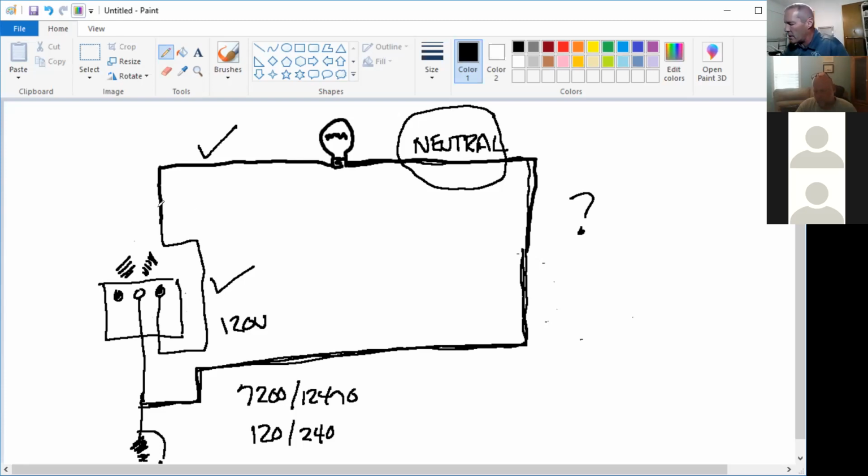You got an energized conductor, 120 volts. Once it passes through whatever it's feeding, say it's a house, you're going to have also a neutral conductor to be able to get back to ground. Neutral and ground are two separate things.